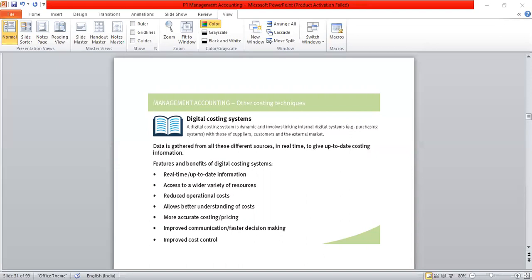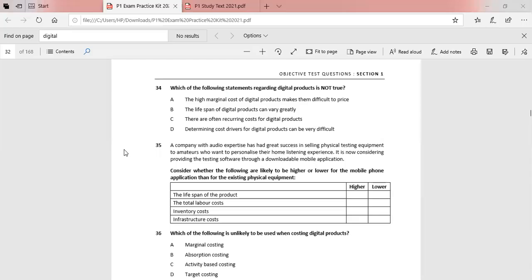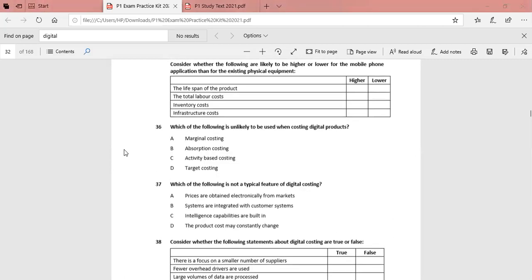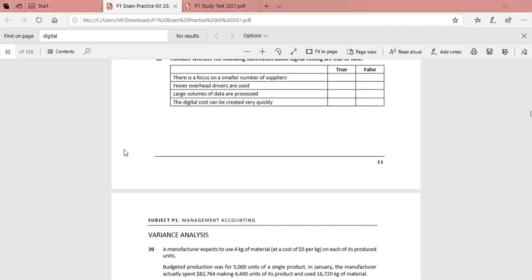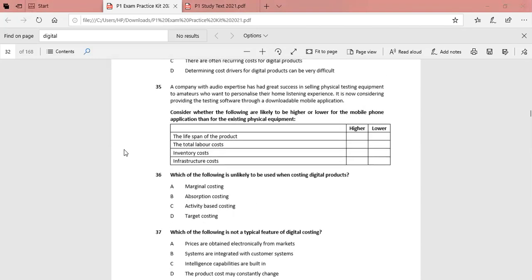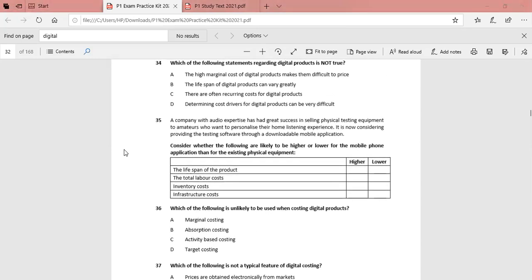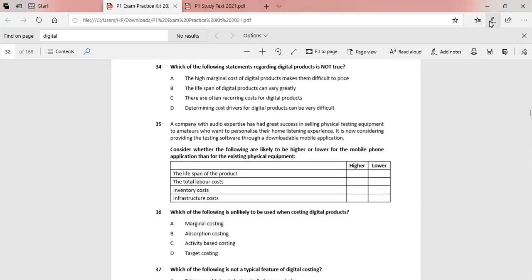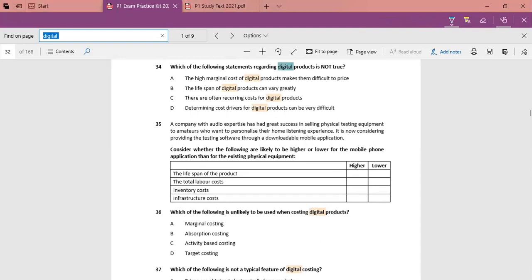We have done. Yes, ma'am. So from 34 onwards, there are a few questions on digital costing. Let's take up these questions because these are theoretical questions. We can do it here only, not in an Excel sheet. The first question is question number 34. Did I put it on the screen?